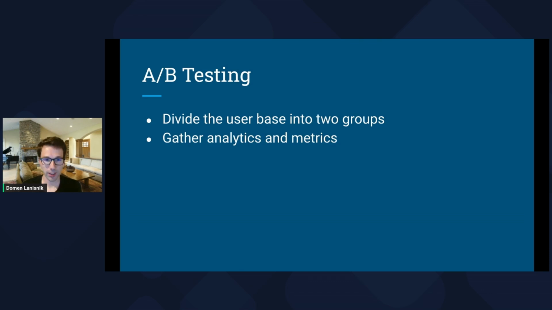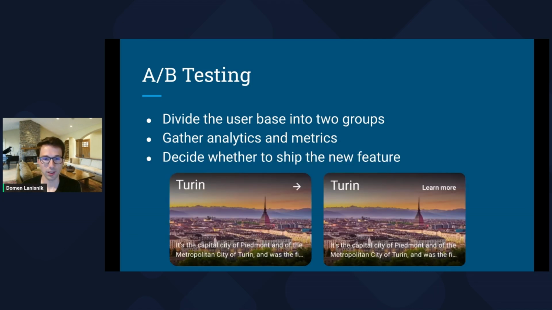And then you can gather analytics and metrics that you're interested in specifically for those two groups, and you can then decide which group is performing better. And then you can decide based on the metrics whether you want to ship the new feature or not.